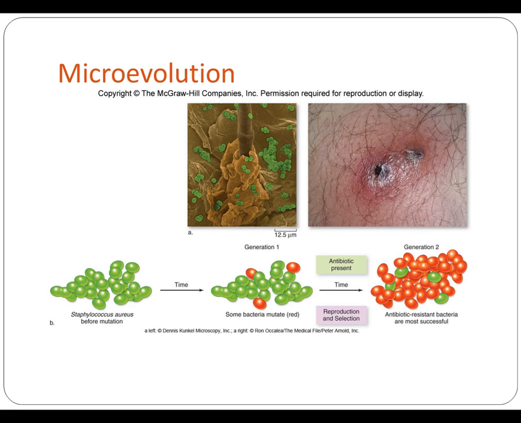They have evolved, so that what used to be lethal and toxic to them is now no longer lethal or toxic. And so we have to keep upping the ante on trying to kill the bacteria because they keep adapting and evolving so quickly.